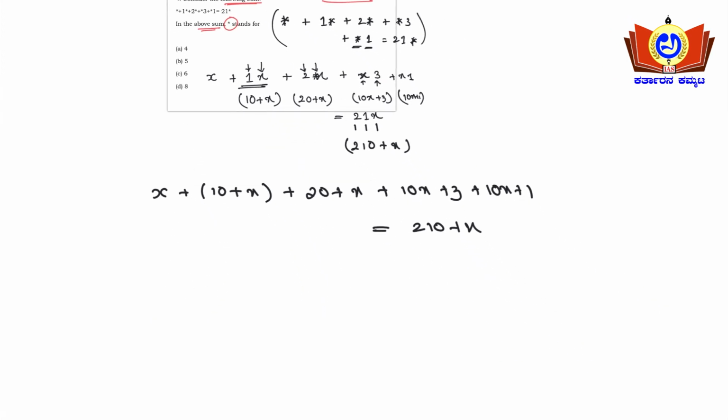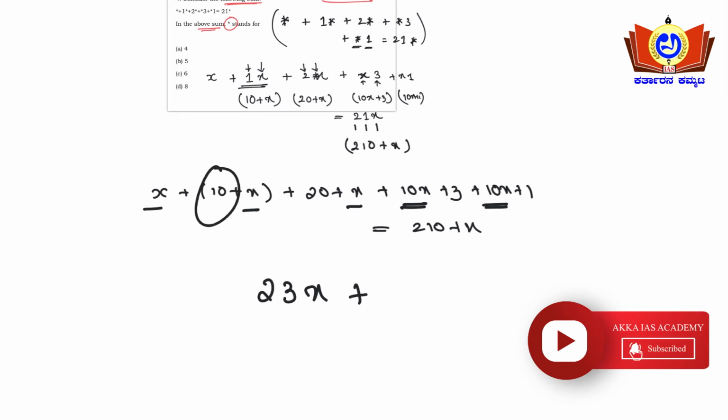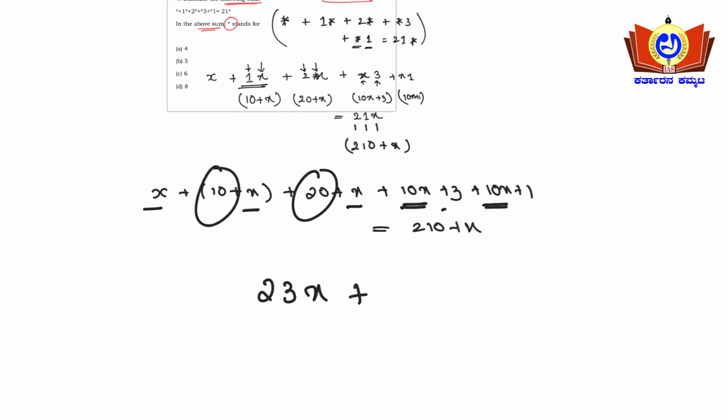So I need to add all the x here, so 1, 2, 3 and 10x, so 13x plus 10x, so 13 means 23x. Okay, so 23x plus, okay, 10 is there and 20, so 10 plus 20 is 30, 30 plus 3 will be 33, 33 plus 1 will be 34 here. Okay, so 34 will be equal to 210 plus x here.